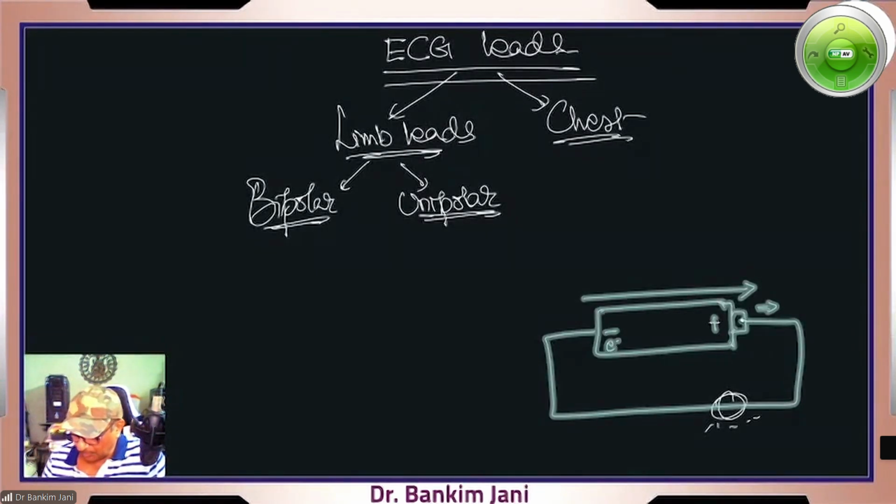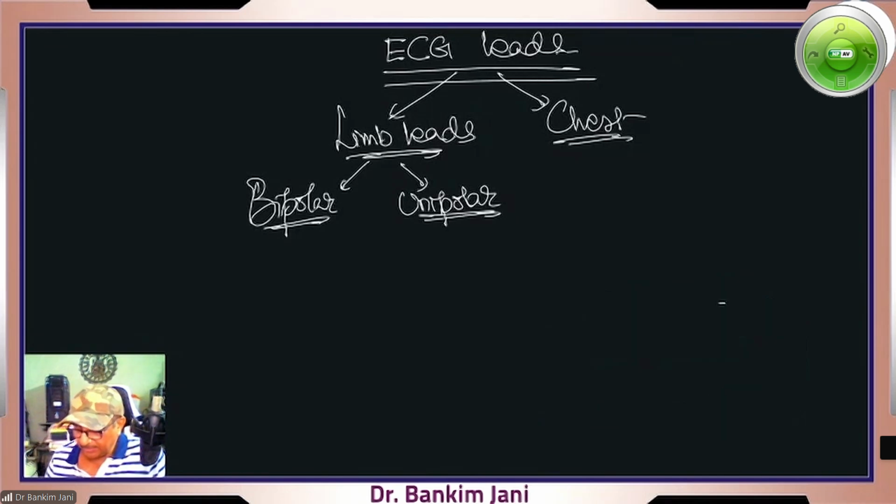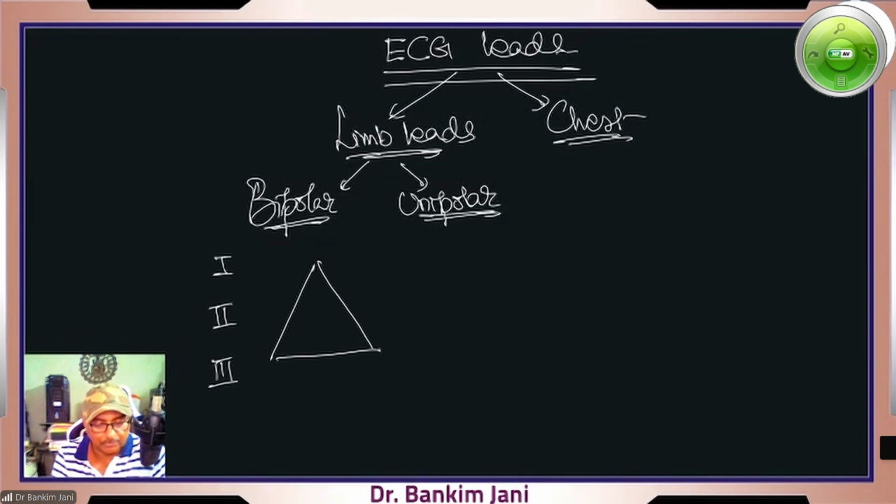In case of bipolar, there are leads 1, 2, and 3. And that's where Einthoven's triangle comes into the picture. Now we have to draw it like this.